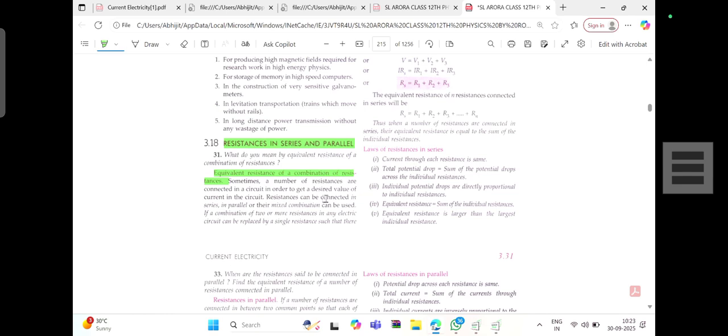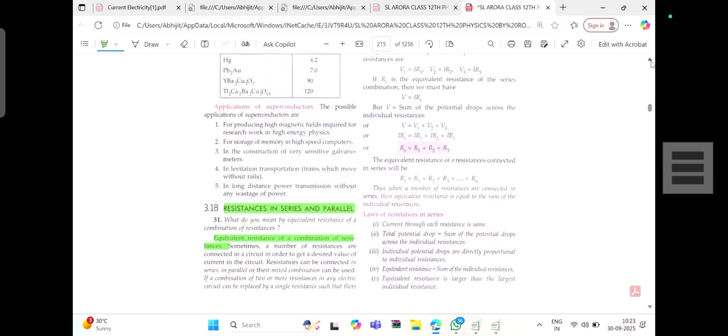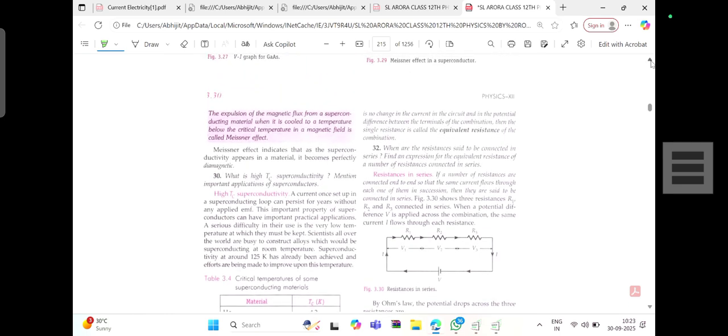It is clearly mentioned that if a combination of two or more resistances in any electric circuit can be replaced by a single resistance such that there is no change in current and the potential difference between two terminals of the combination, then the single resistance is called equivalent resistance.